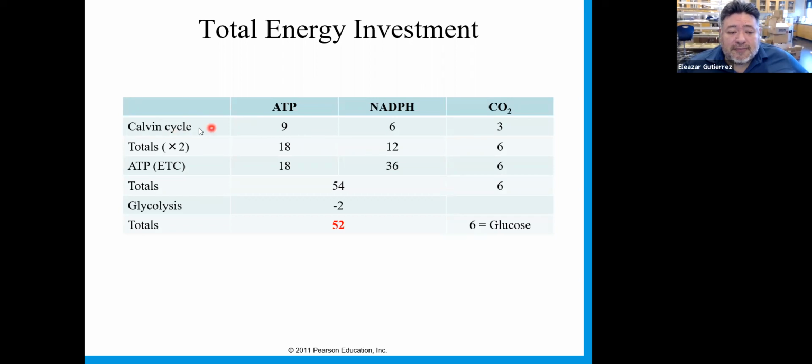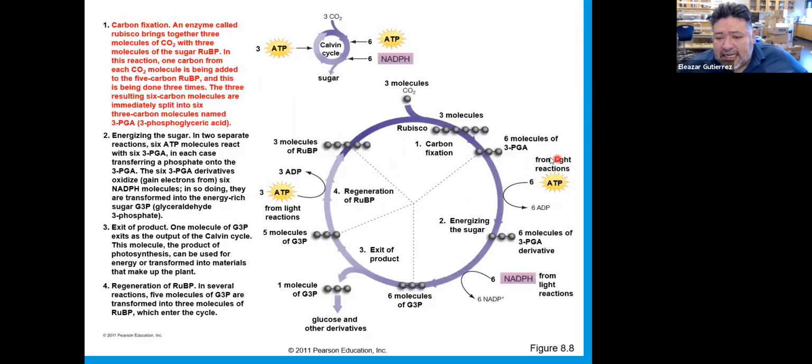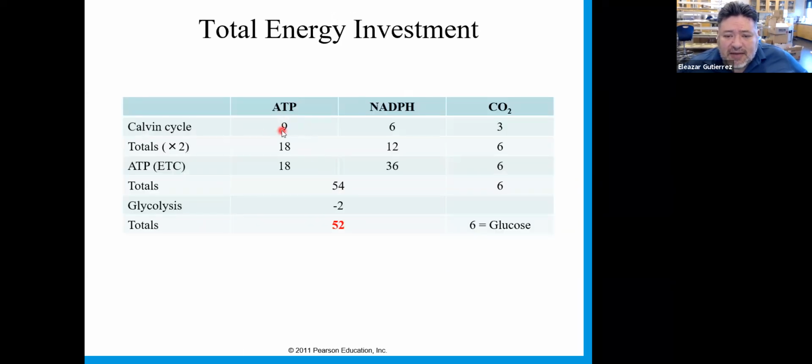Here's where we are. Okay, we just finished seeing it. This is total energy investment. In the Calvin cycle, we need to invest 9 ATP. Here they are. 6 plus 3 is 9. We need to invest 6 NADPH.